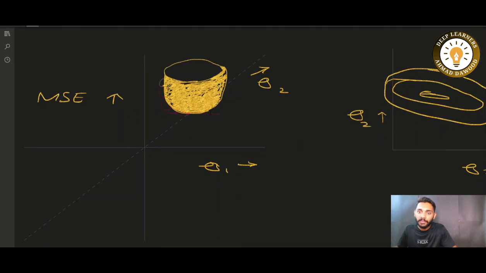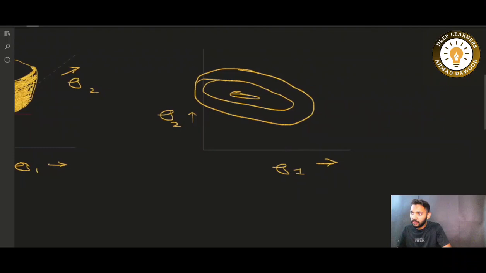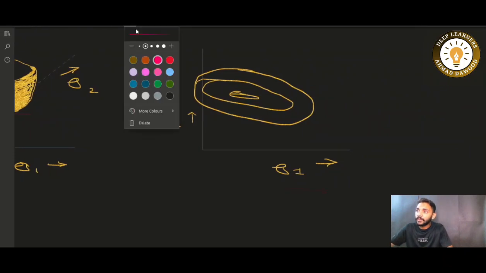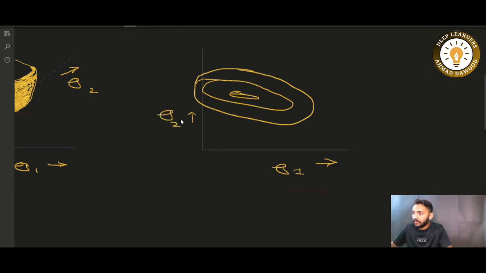If we look at this plot from above, from the z-axis, our plot will look like this. Theta 1 is in this direction, theta 2 is in this direction, and we are trying to reach the position where our mean square error is minimum.